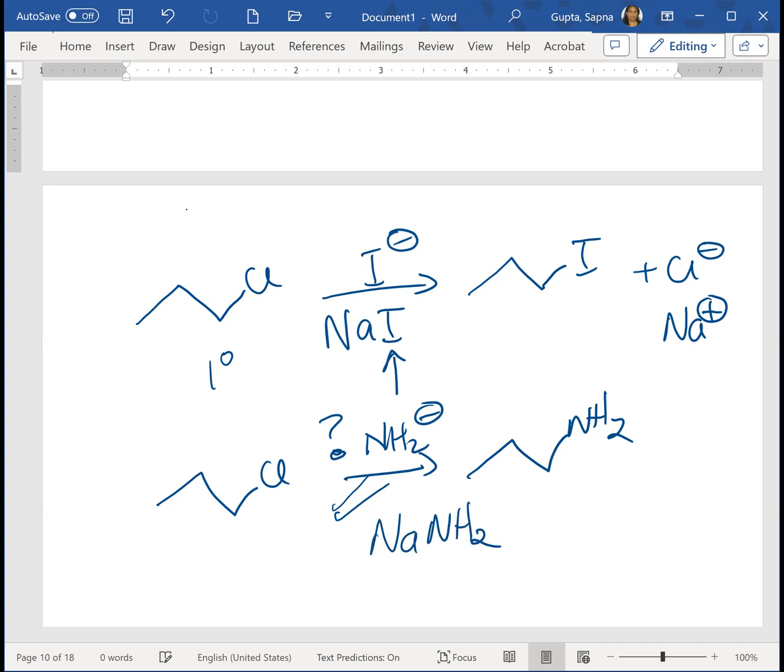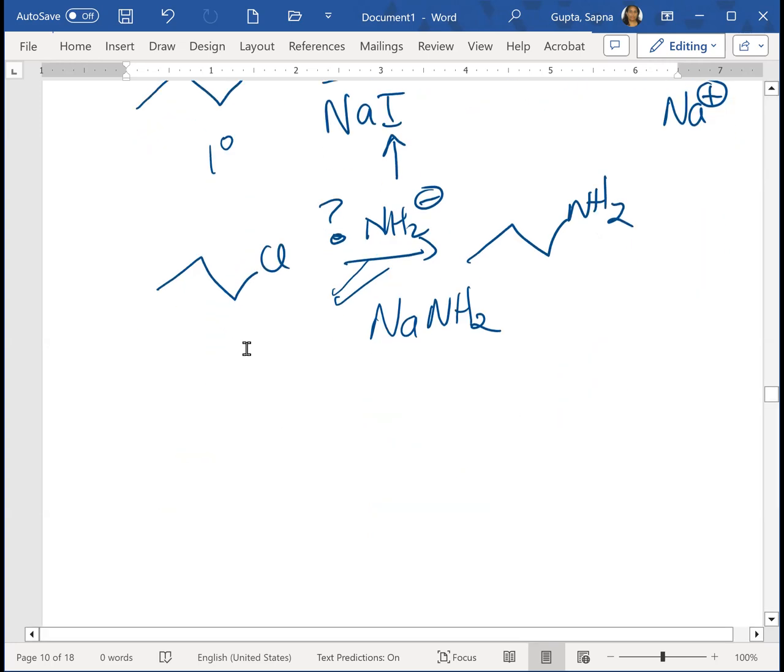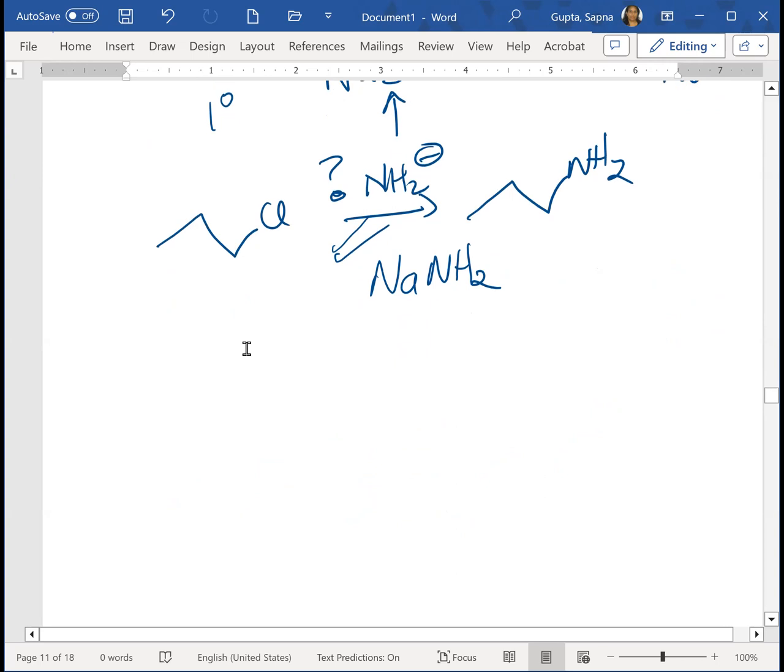If you write NaNH2, I'm even happier. But NH2 minus is just fine for me, because I know that at least you understand what the nucleophile is. So this is the kind of reactions you will get from me, these one-step reactions. Right now, the other thing you might have to do is compare reactions.